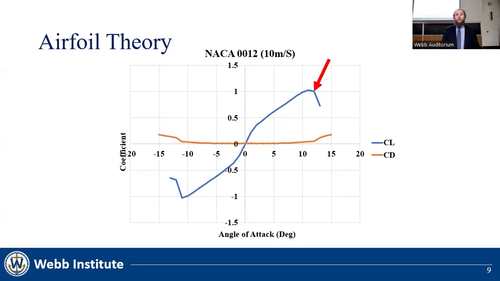This trend will continue until the angle of attack increases so much that the foil stalls and loses lift quickly. At the same angle that we expect to stall, we expect to see a sharp increase in the foil drag. This creates a region known as the drag bucket, where the foil drag is relatively constant with respect to its change in lift.